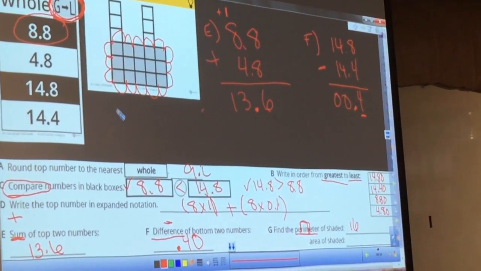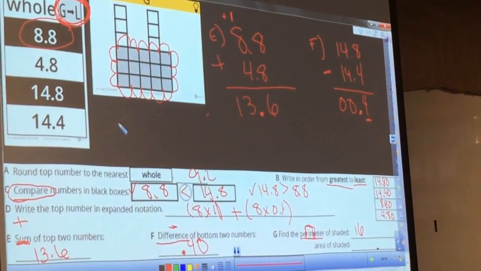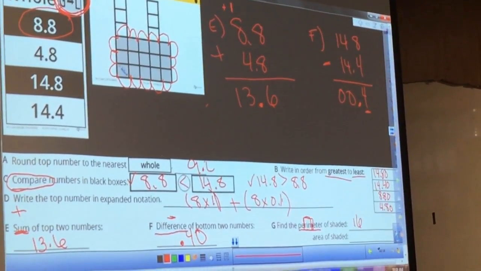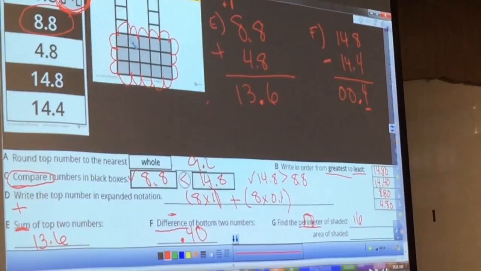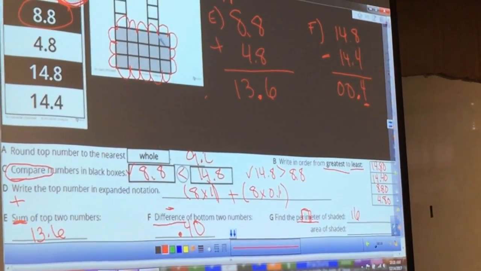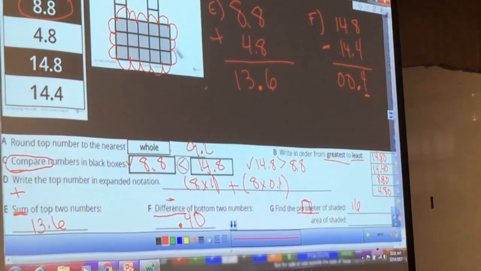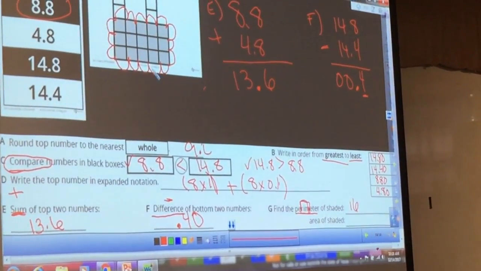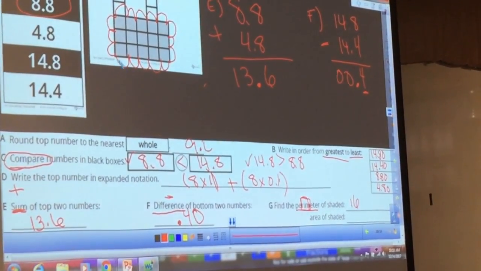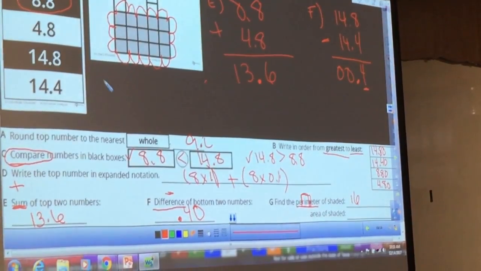I bunny hopped around it and counted. I got 16.